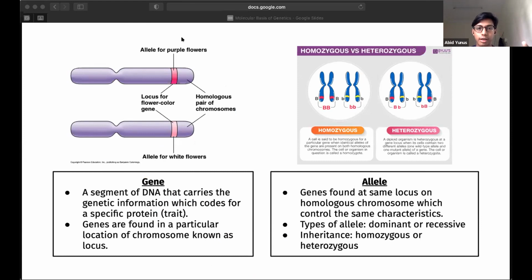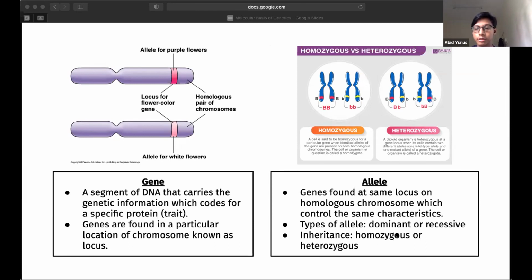The alleles are basically two genes that are found at the same locus, and they control similar characteristics. And for the types of allele, they can either be dominant or recessive, meaning that it can exist in 2 conditions, and then it can be inherited in a homozygous pattern or heterozygous pattern.